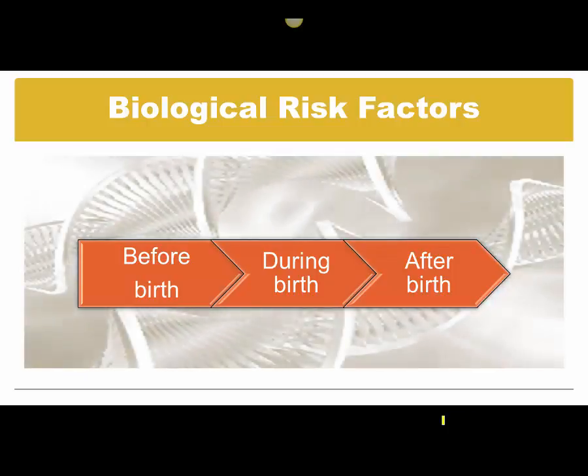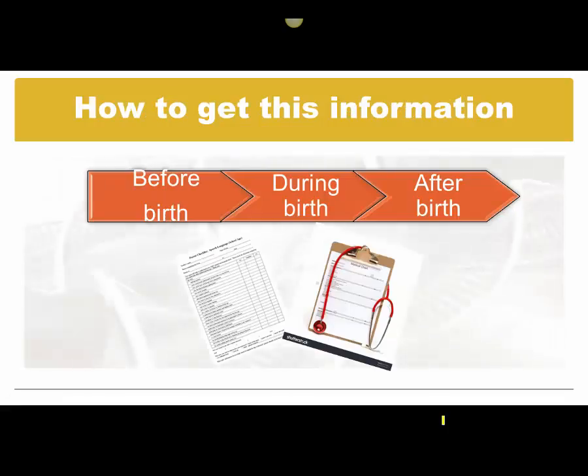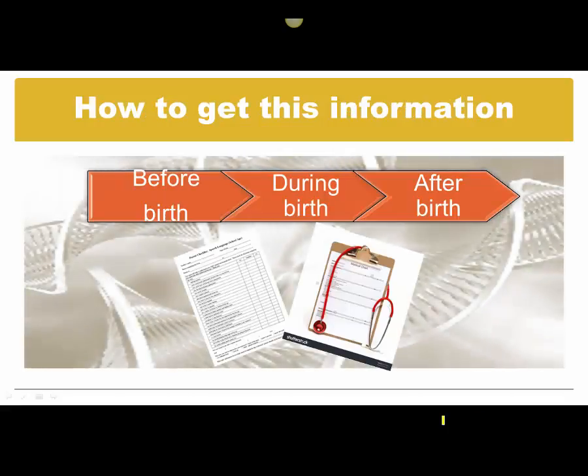Biological risk factors may play a role before, during, and after birth. Information about potential biological risk factors is often obtained during the parent questionnaire or parent interview and the review of the medical records.